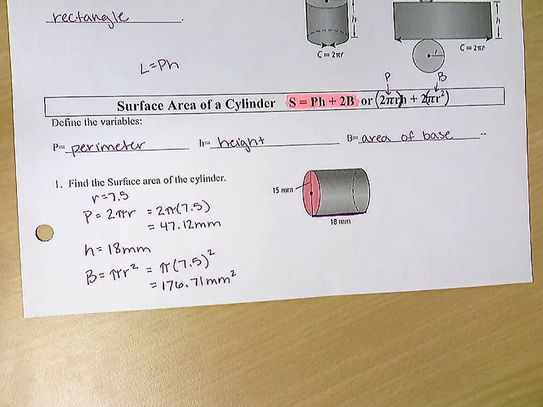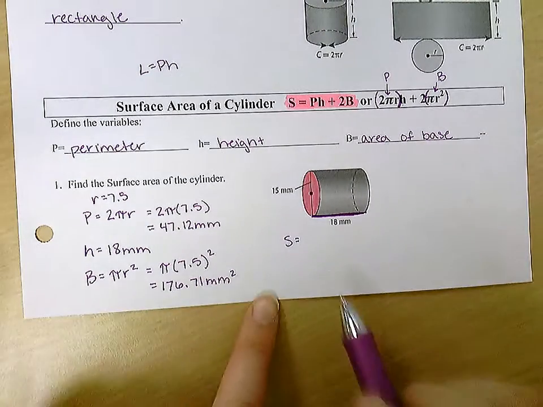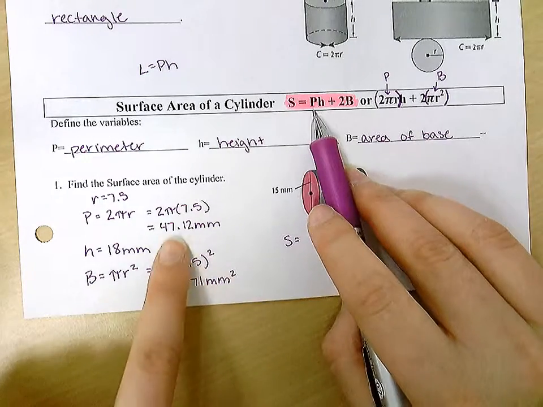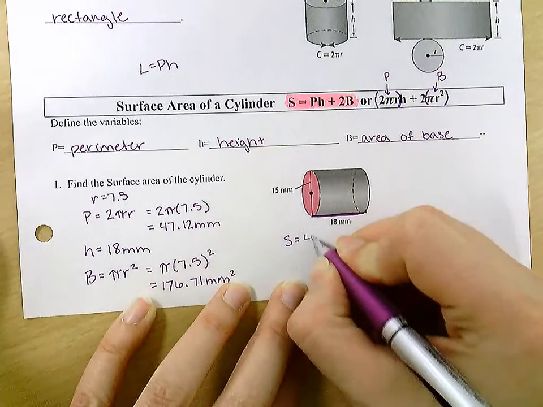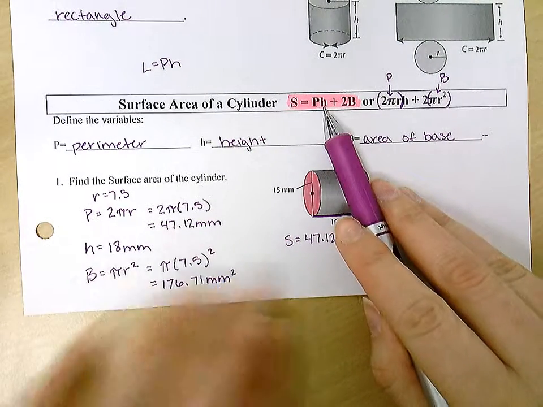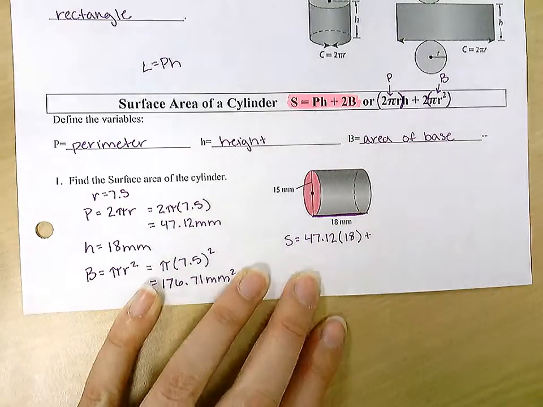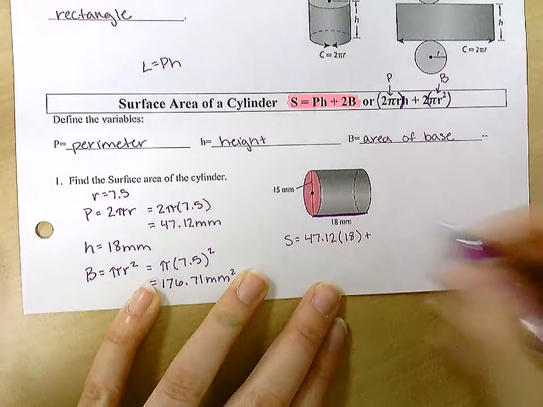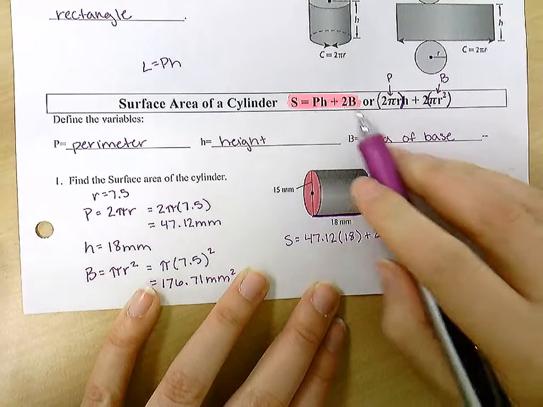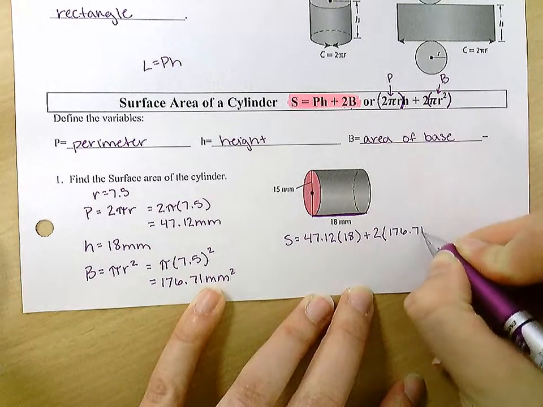Now that I have each of these variables that I need for my surface area formula, I can plug them all in. Our surface area is equal to P, which is 47.12, times H, which is 18, plus 2 times our capital B value, which is 176.71.